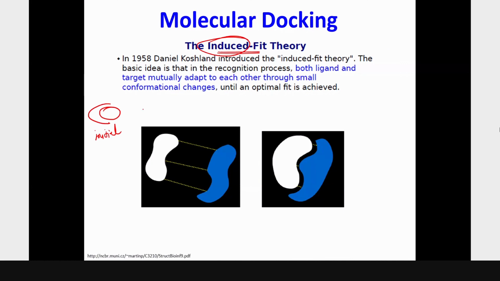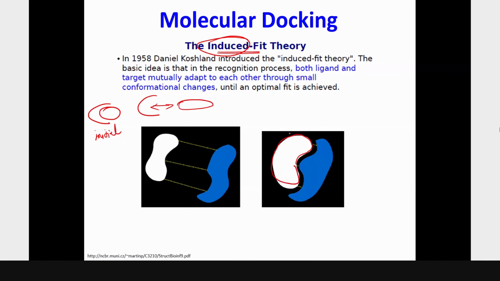It can happen that the two things do not initially have complementary shape, but when they come closer to each other, they undergo some conformational changes. Like the video I showed you, where you saw how the structure changed its shape.